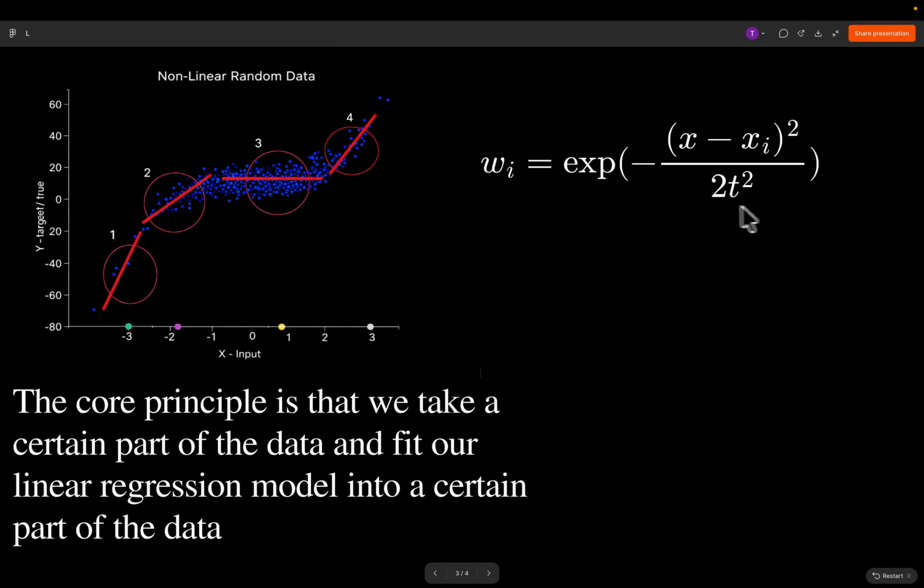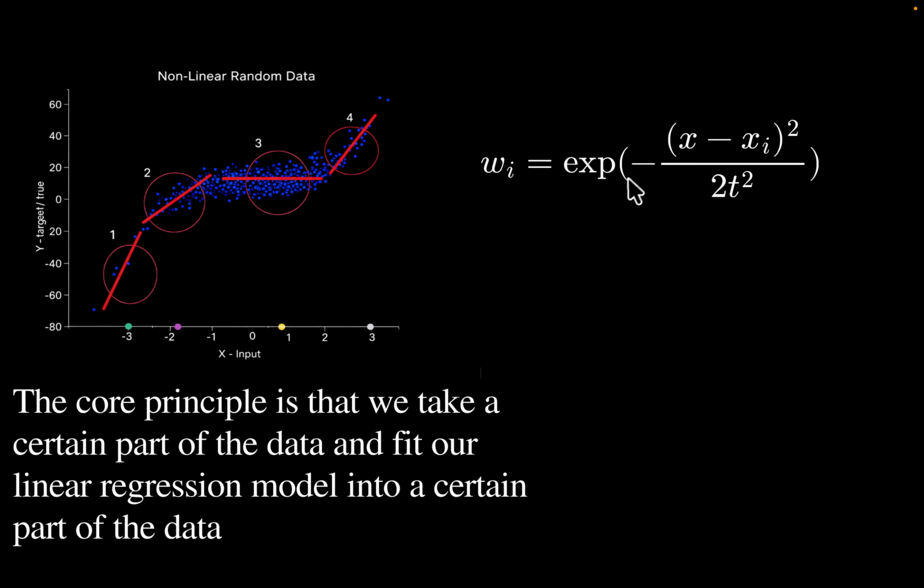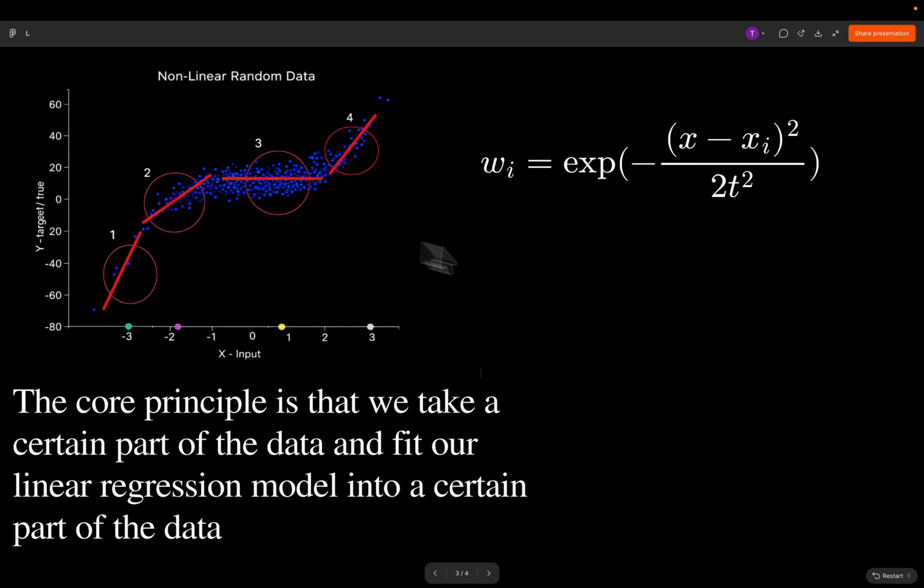How this looks in real life is that it's just an exponential function with some negative sign and a parameter for determining how large this certain data window should be. Like whether it should be just this one point, or it should be 2, 3, and 4, so a bigger picture.